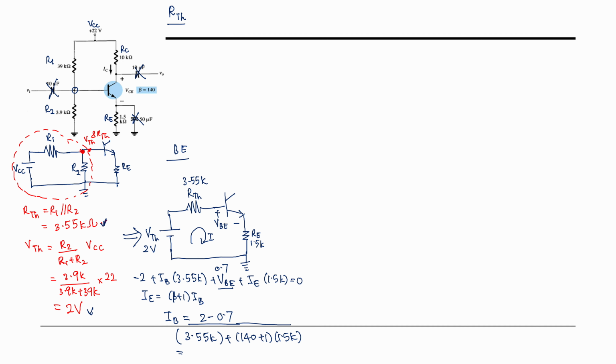So you will get your IB is equal to 6.05 microampere.